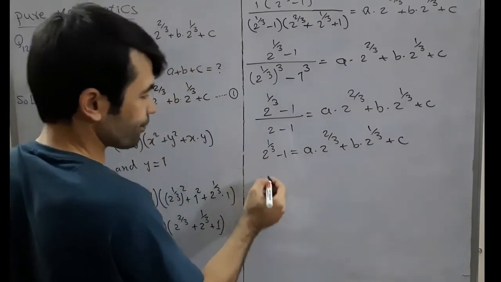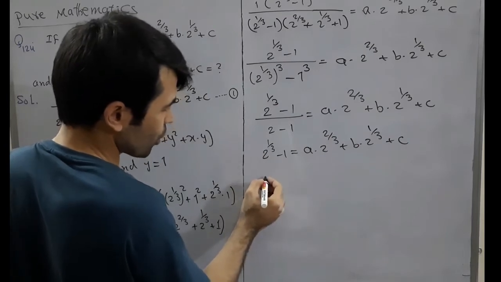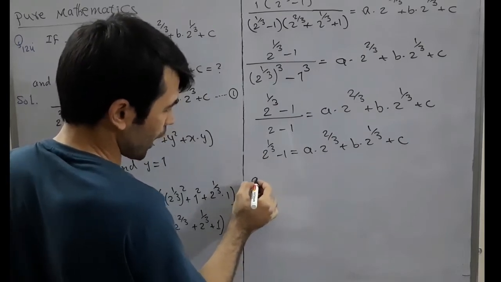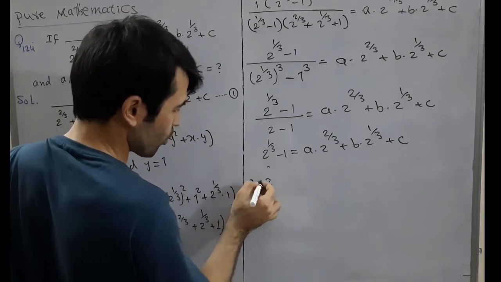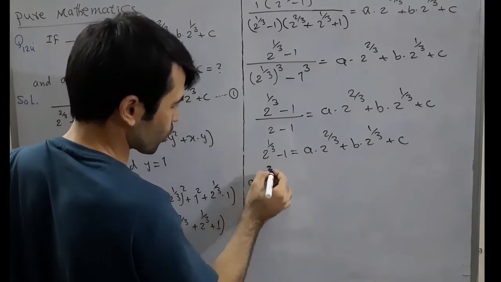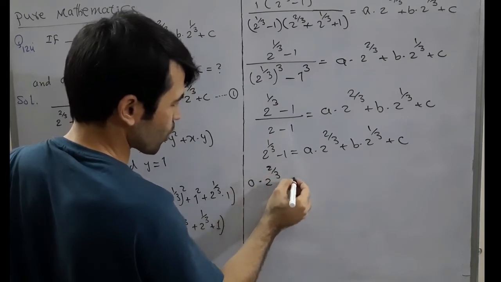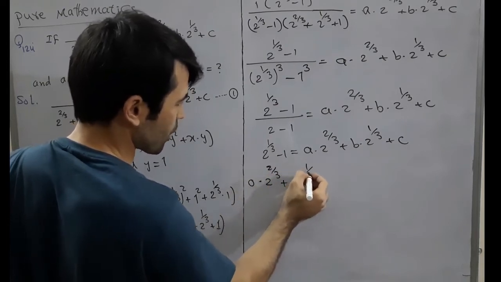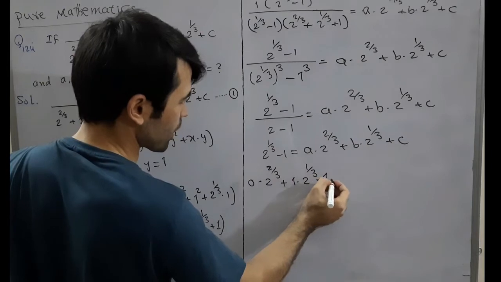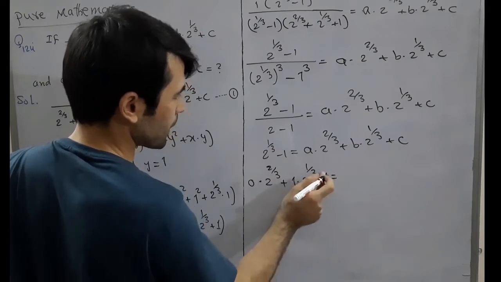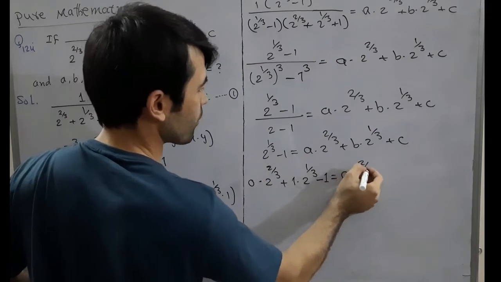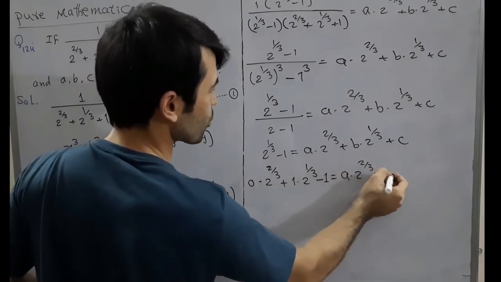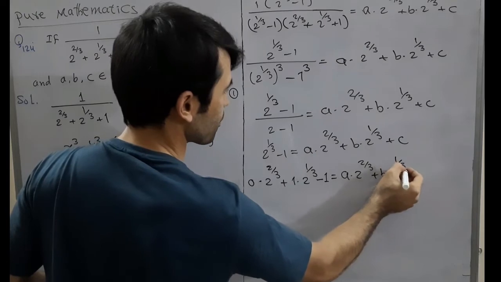And now we can write 0 multiplied by 2 to the power 2 over 3 plus 1 times 2 to the power 1 over 3 minus 1 is equal to a times 2 to the power 2 over 3 plus b times 2 to the power 1 over 3 plus c.